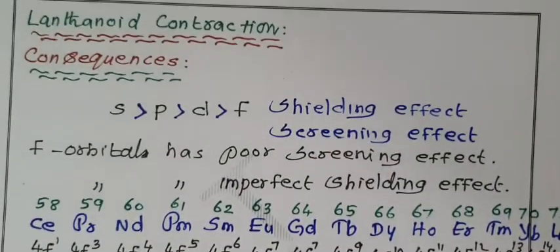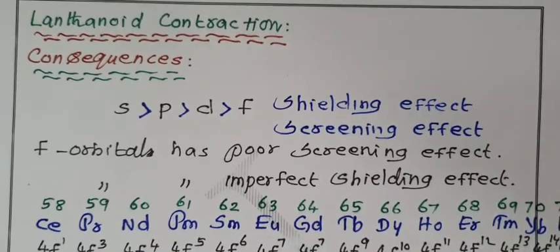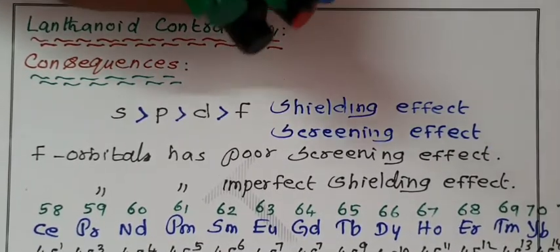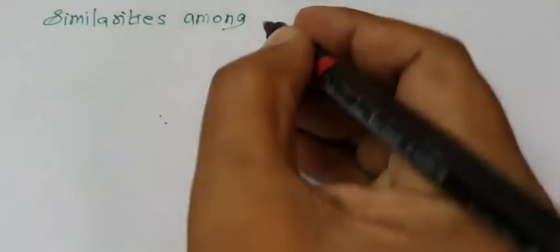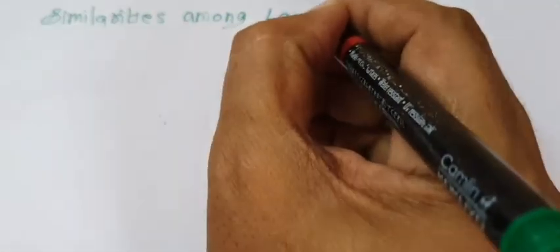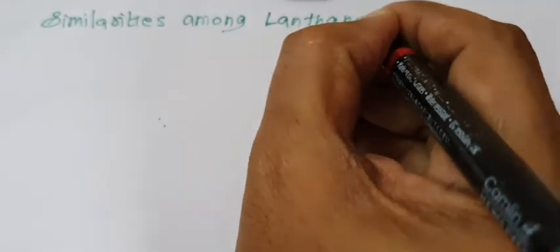The second consequence of lanthanide contraction is similarities among lanthanoids. What is the similarity among lanthanoids?